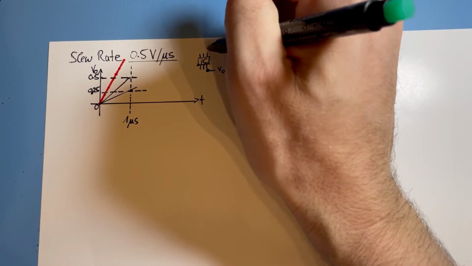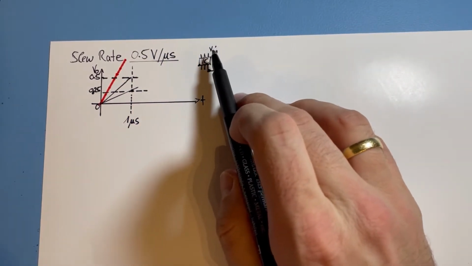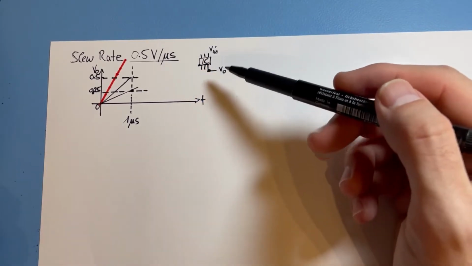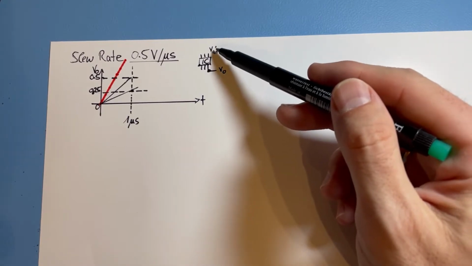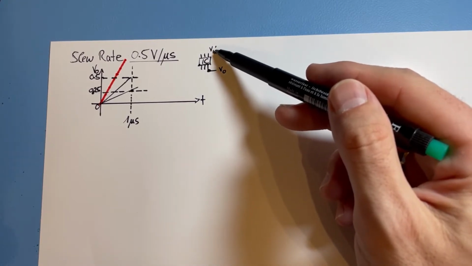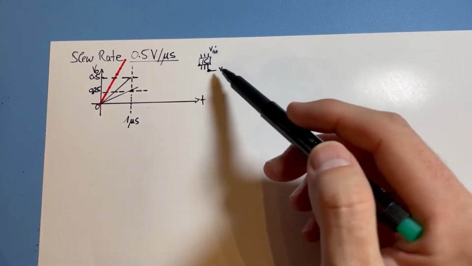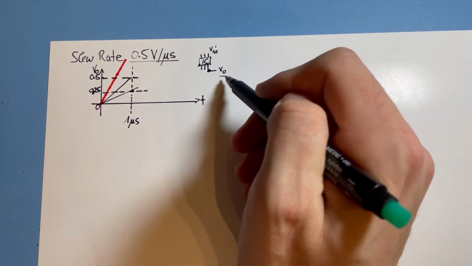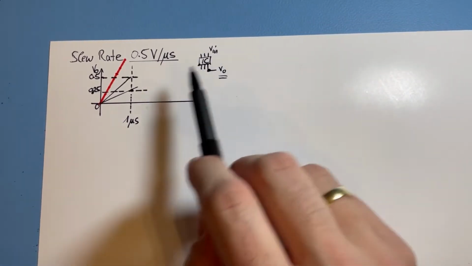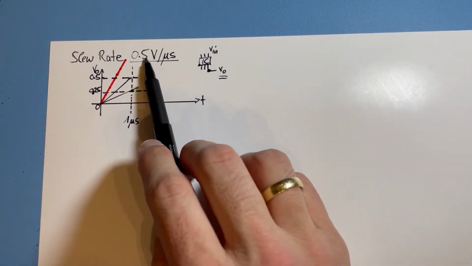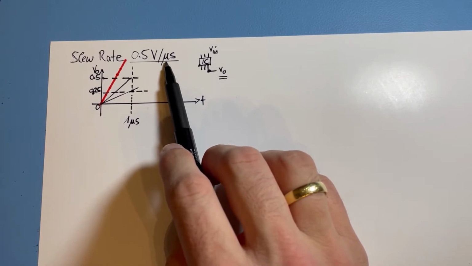Let's say we have a V in coming in, and depending on the input voltage there will be some output voltage, and perhaps the input voltage rises in any pattern, and we wanted to double the rise of the input voltage at the output. It could be any IC, and at least it has an output, and then the slew rate tells how fast the output voltage can change. In this case it's 0.5 volts per microsecond.